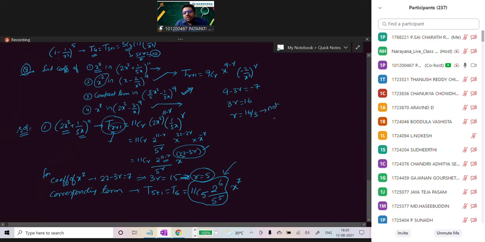Not possible, you see? Because r is the rth term, you cannot have a fractional term. So what is the coefficient of x power minus 7? It is equal to 0. If the term is not present, that means the coefficient is 0.